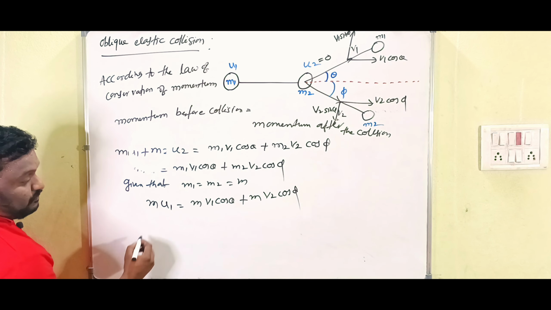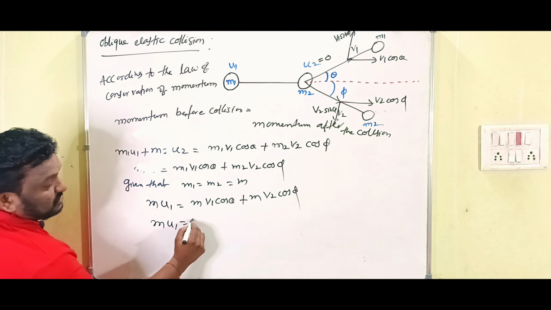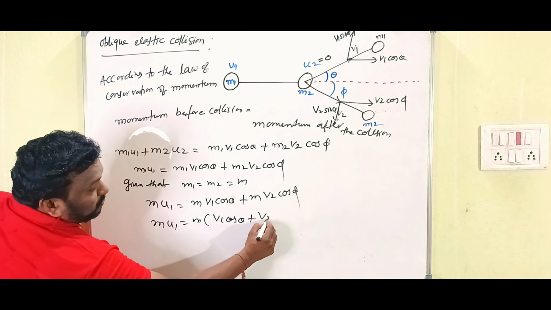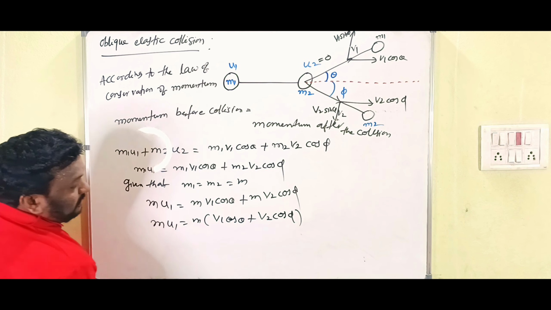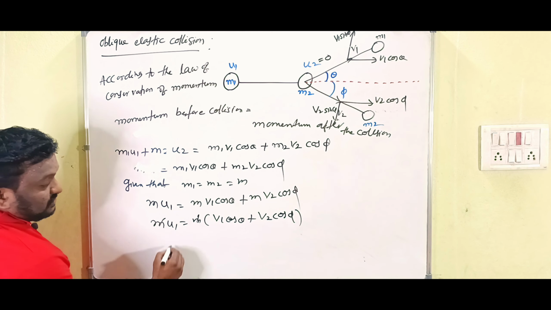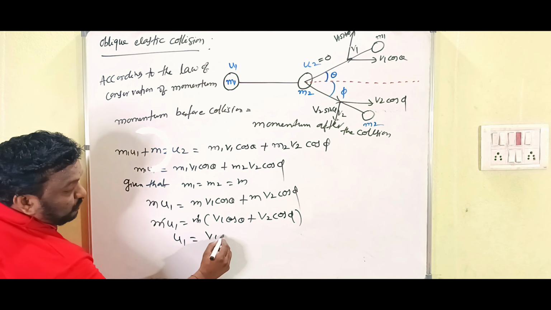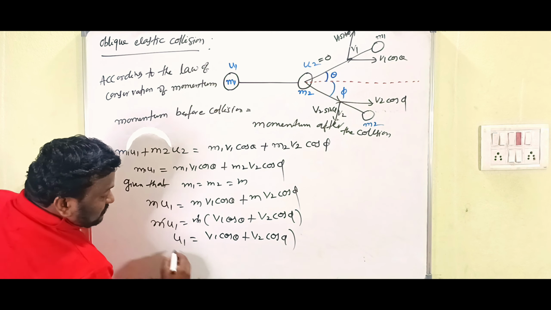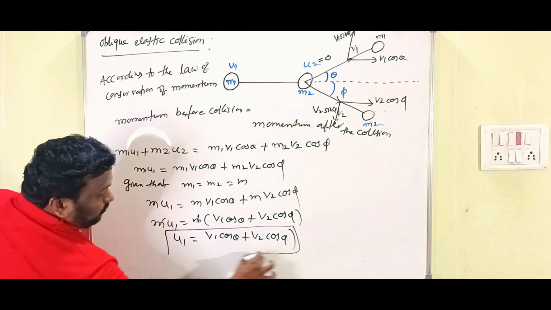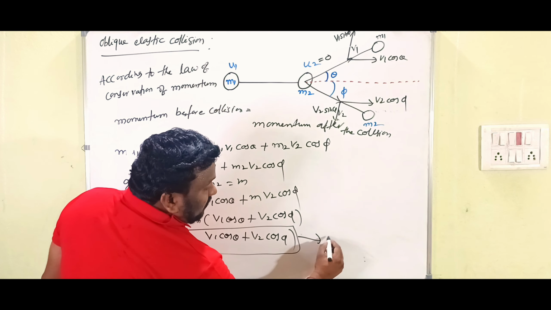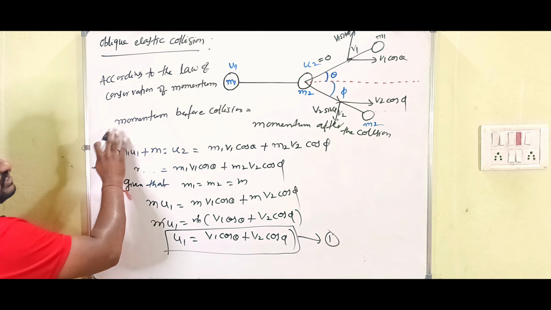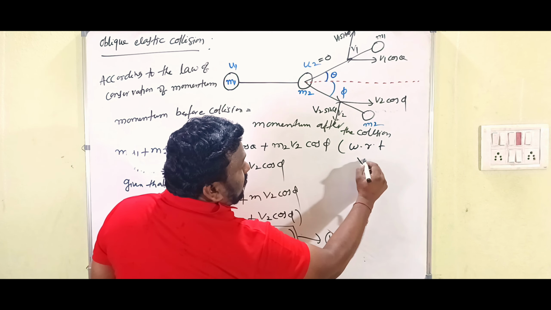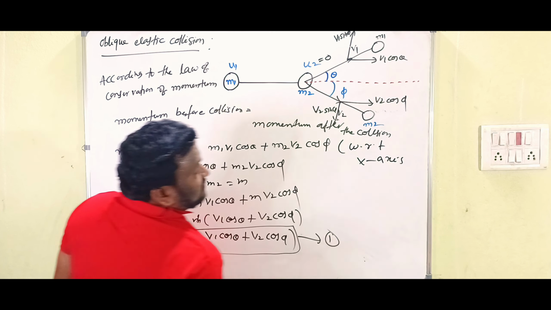Here m is common, so m u1 is equal to m times v1 cos theta plus v2 cos pi. Clear? The m cancels. Then you get u1 is equal to v1 cos theta plus v2 cos pi. So this is equation number 1, children, according to the law of conservation of momentum with respect to the x-axis.